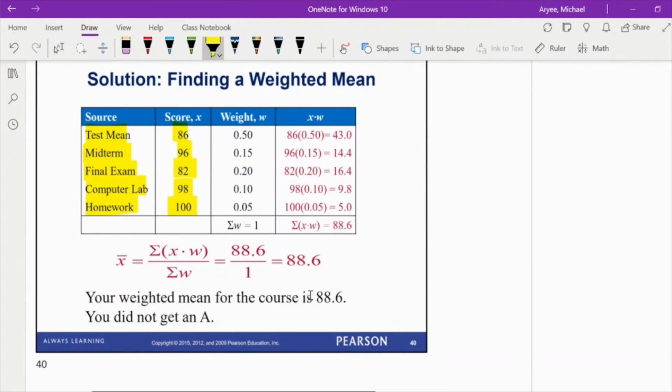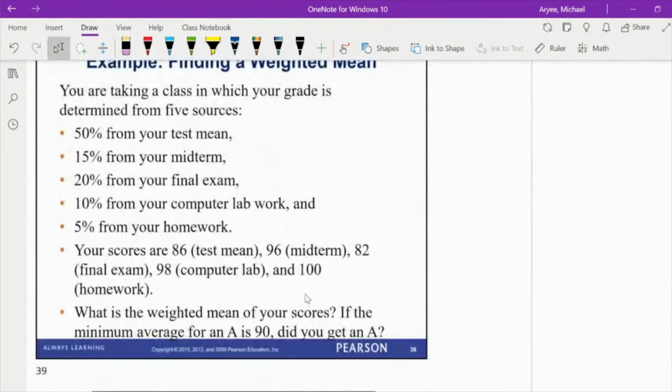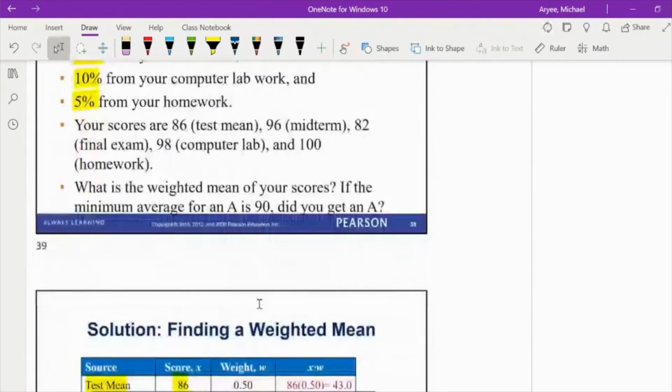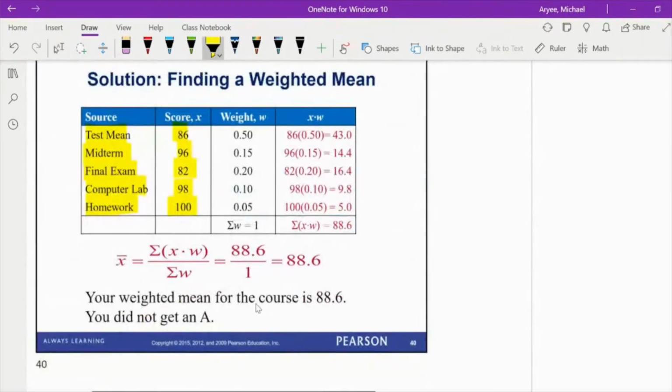Right now, we were told that all the tests is 50%, midterm 15, final is 20, lab is 10, homework is 5%. Okay, so those percentages form the weight.